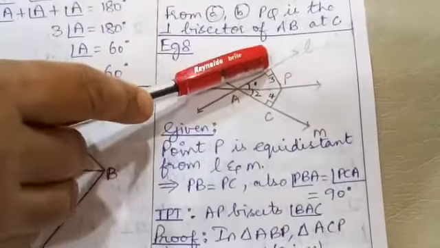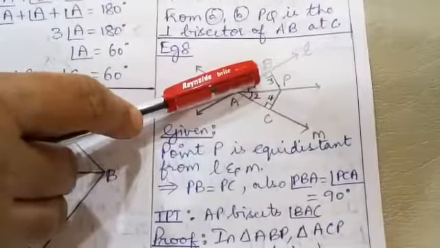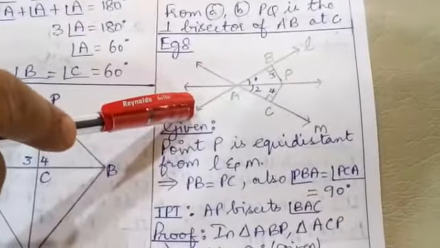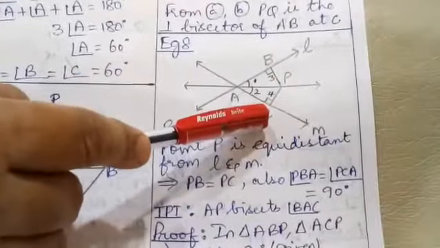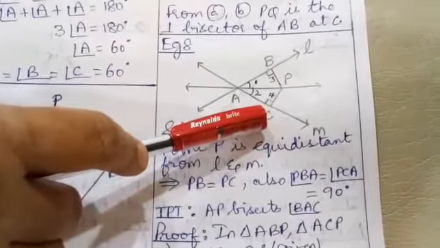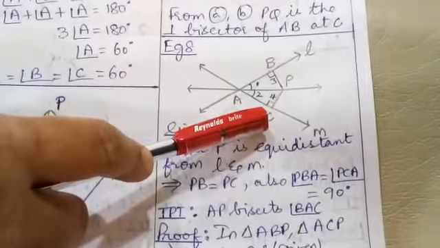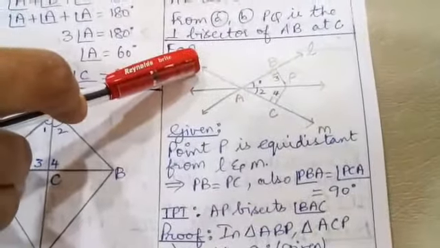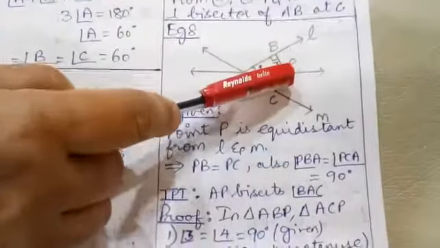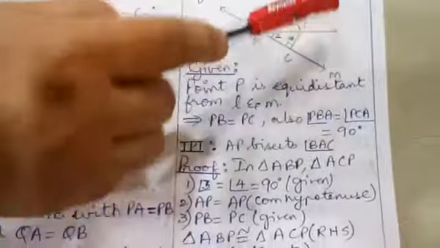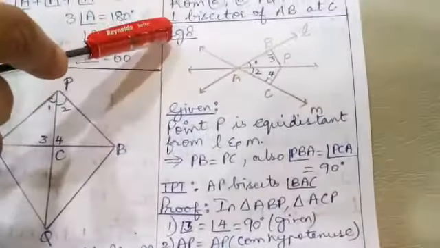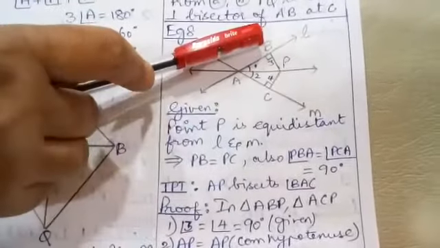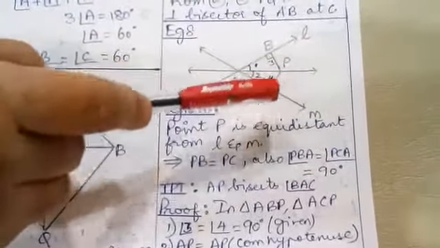PB is the distance, or in other words the perpendicular distance, from the point P to the line L. Similarly, PC is the perpendicular distance from the point P to the line M. Since P is equidistant from the lines L and M, the perpendicular distance PB is equal to the perpendicular distance PC.